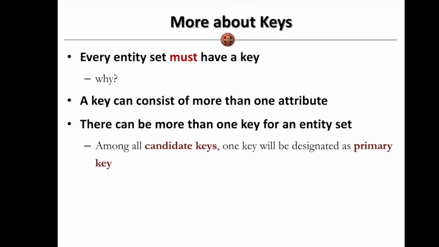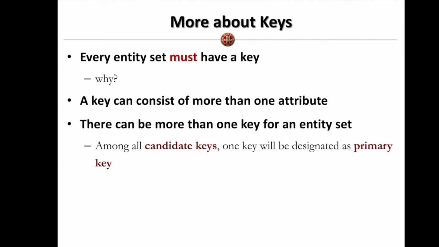As we mentioned, a key can consist of more than one attribute. Sometimes one attribute is enough. However, sometimes we need to use multiple attributes. And the largest key we can create for an entity will be the combination of all the attributes of an entity. It is also allowed, right? We can use all the attributes of an entity to serve as a key. You can also uniquely identify a data tuple in our tables.